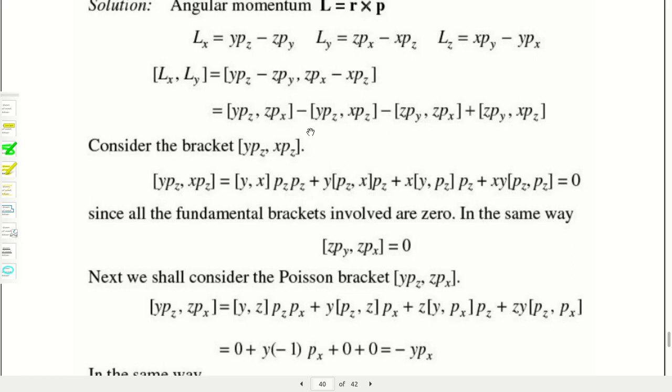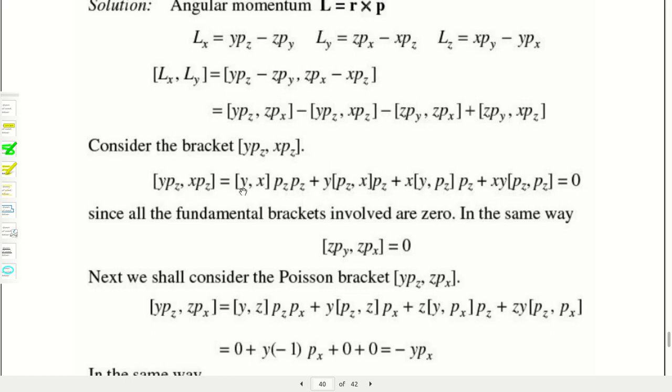So using the distributive law you have this, and then each commutator bracket will be evaluated one at a time. First let us evaluate the first commutator bracket, ypz comma zpx. Consider the Poisson bracket, this one, second, ypz comma xpz.